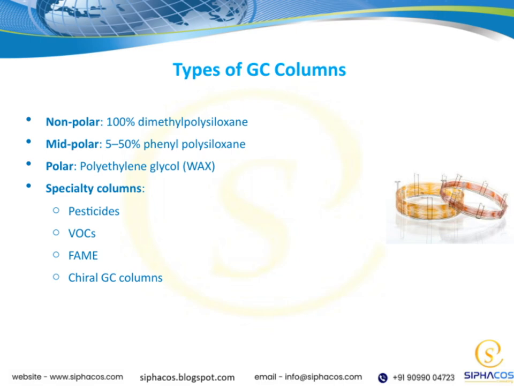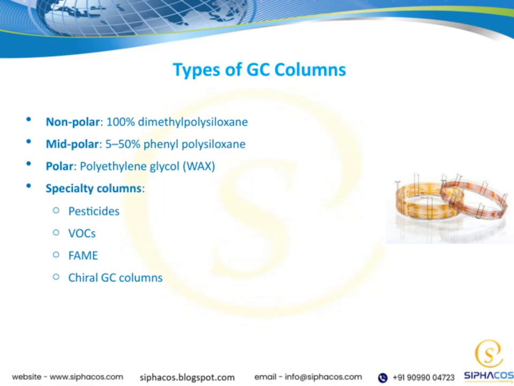Now, beyond these general types, there are specialty columns designed for specific applications. For example, pesticide analysis often requires columns tailored to separate complex mixtures of pesticides effectively. Similarly, VOCs, or volatile organic compounds, need columns optimized for rapid and sensitive detection. FAME, or fatty acid methyl esters, columns are specialized for lipid analysis, providing excellent resolution for these compounds.